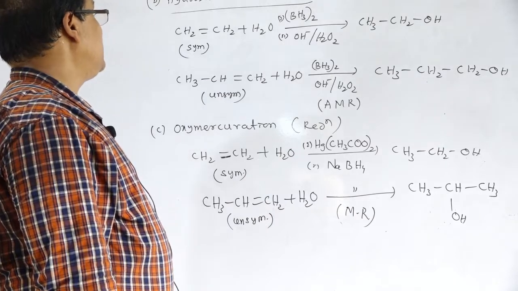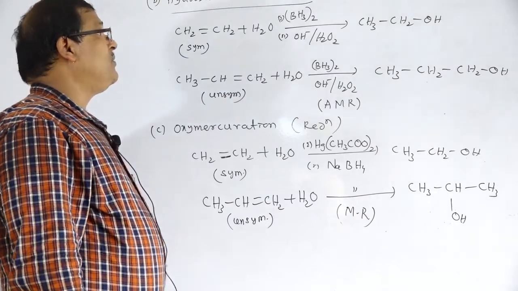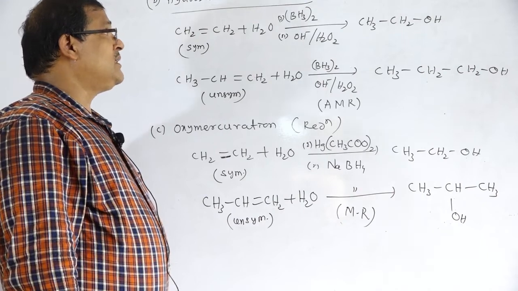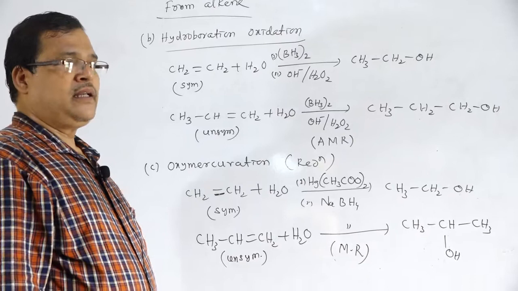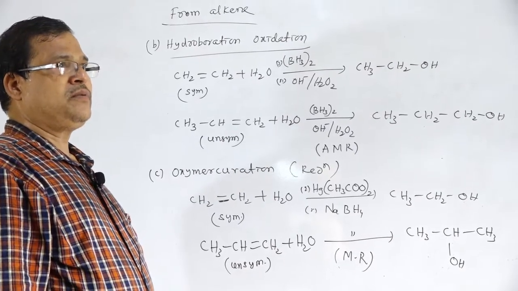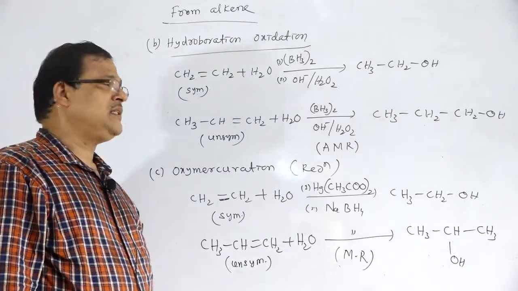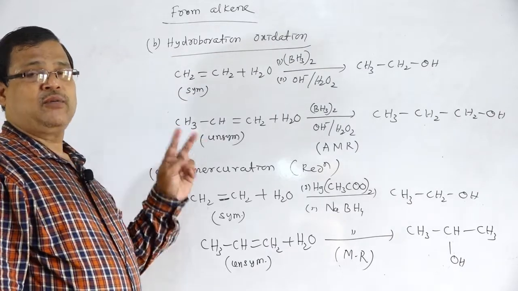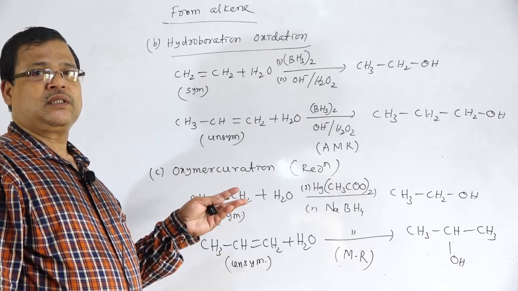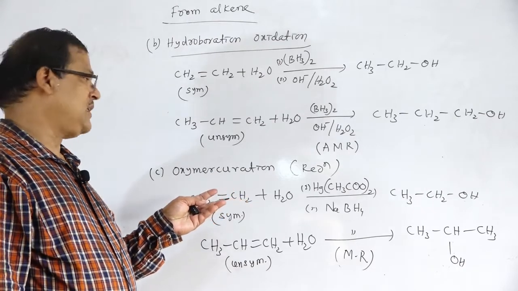So this is regarding the methods of preparation of alcohols from alkenes. We have explained the direct hydration of alkene under the influence of a mineral acid like sulfuric acid. Second one, from alkene, hydroboration takes place followed by oxidation with alkaline hydrogen peroxide.